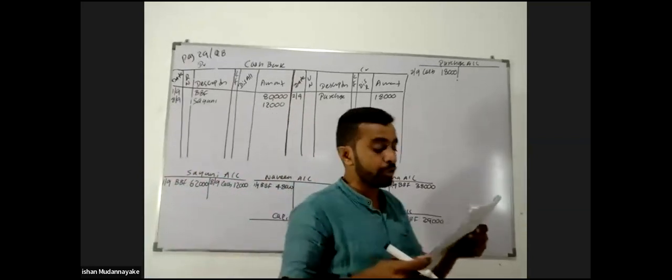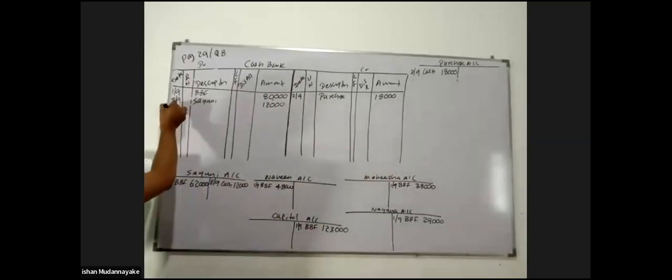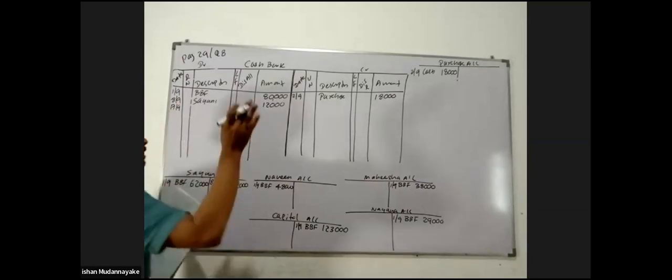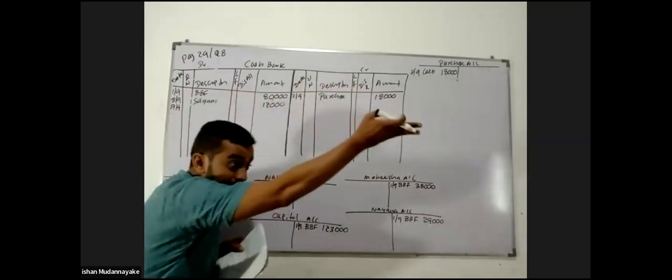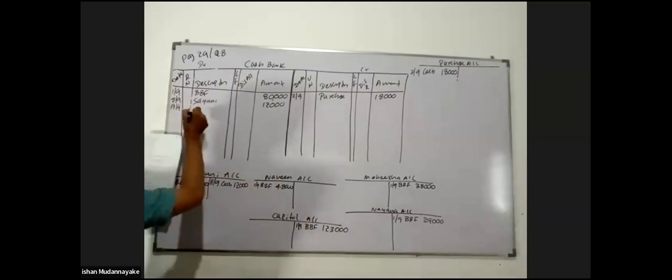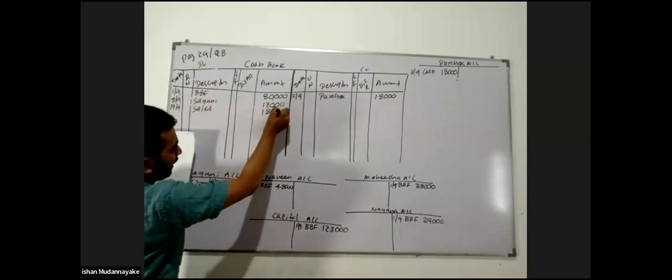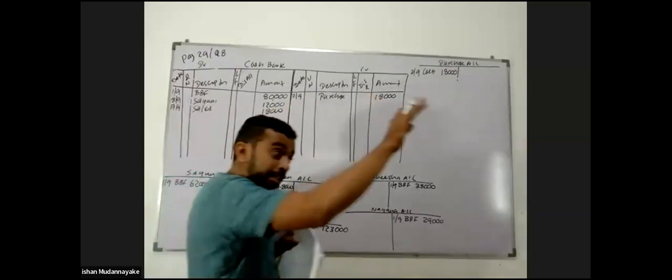Next one. 17th September, cash sales 18,000. Cash book debit, sales income account credit. Debit sales 18,000, and then sales income account credit.